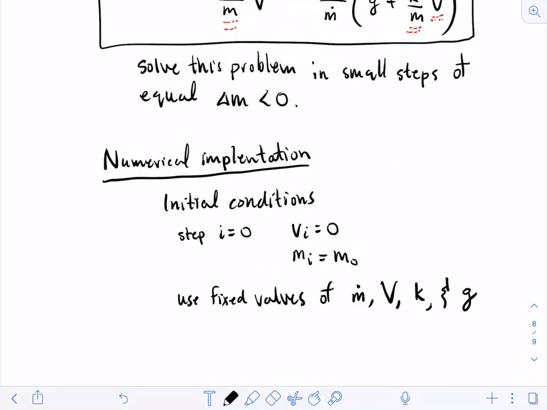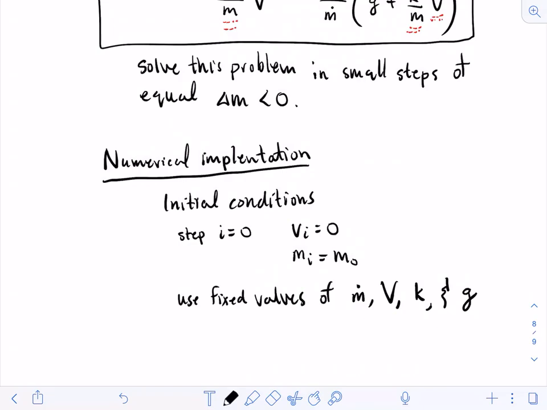Why is that worth mentioning? Well, if you really think about launching a rocket from Earth's surface, near the surface of the Earth, the atmosphere is relatively dense, but as we get further and further away, the density of the atmosphere will go down. And we would expect, therefore, that the drag coefficient should go down as well.